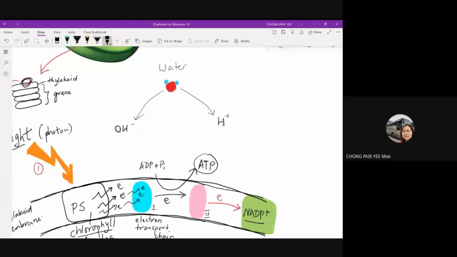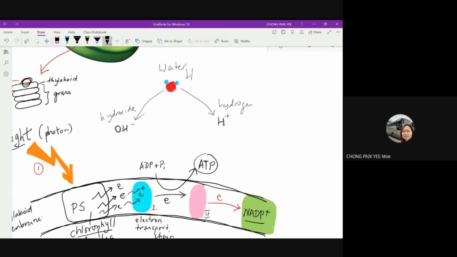So the term has to be correct according to the textbook, unless they tell us something is wrong and we'll let you know to change it. So we follow this one. This is a hydroxide ion, and this is the hydrogen ion. Hydrogen, H-Y-D-R-O-G-E-N. All right.